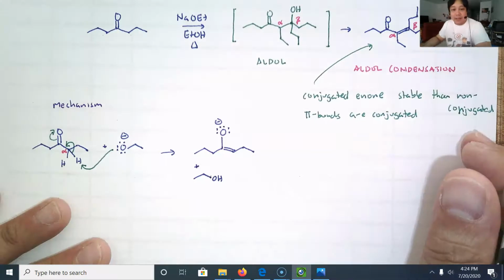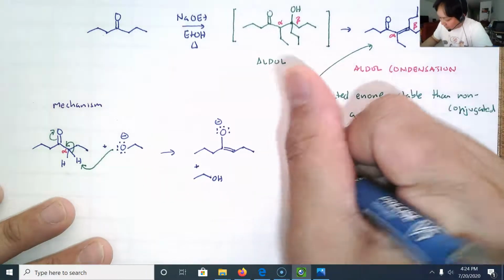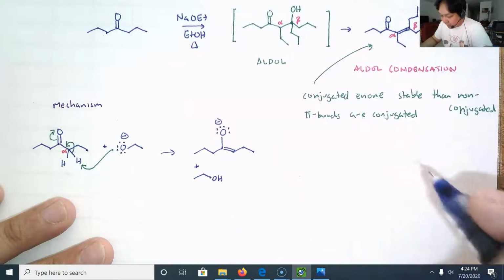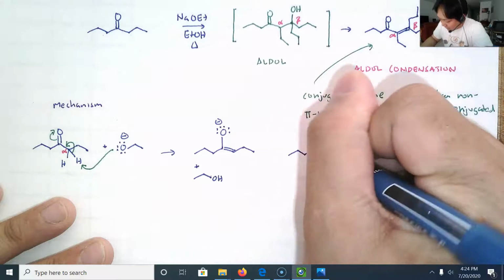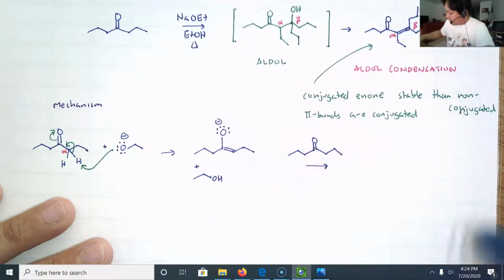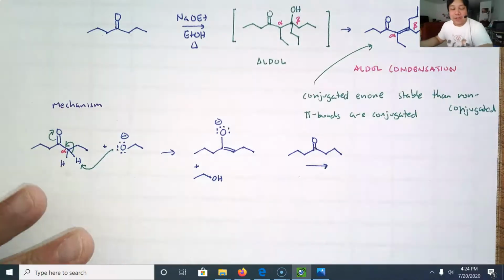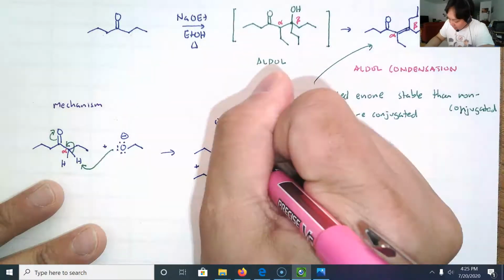So what's the key? The key is attacking. What do you attack? You attack another one of itself, and how am I going to draw that? Oh, it doesn't actually matter because it's symmetrical. Okay. Now, you are going to attach to the alpha carbon. Where's my alpha carbon? It's this one right here.